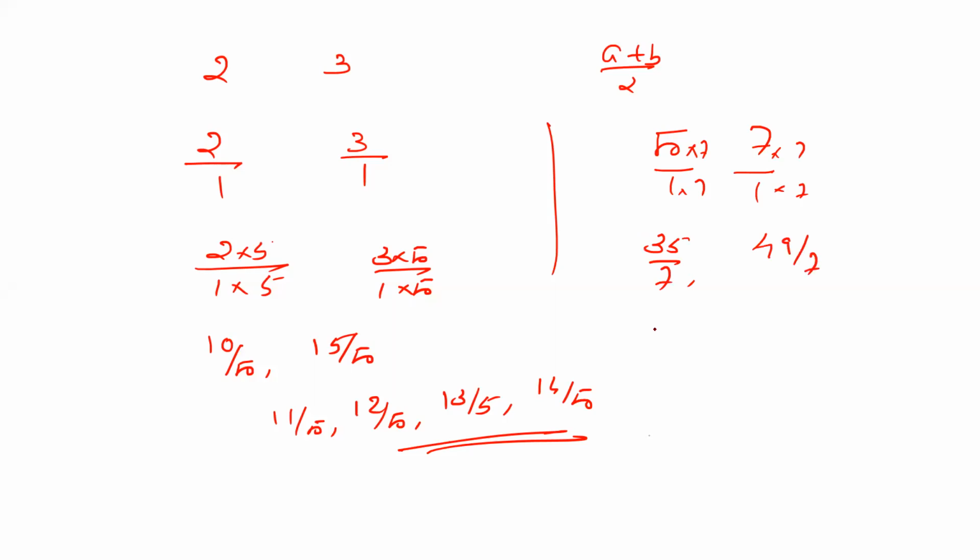Between 35 by 7 and 49 by 7 there are 36 by 7, 37 by 7, 38 by 7, 39 by 7, like that. You can find infinite rational numbers like this. This is the easiest method, because in the previous method you have to add fractions, which is somewhat difficult. So I am applying this method.